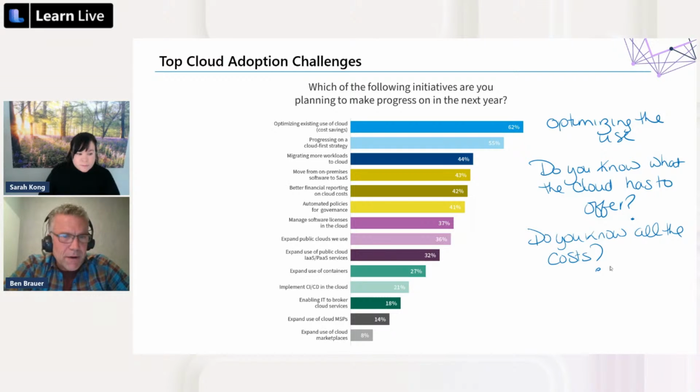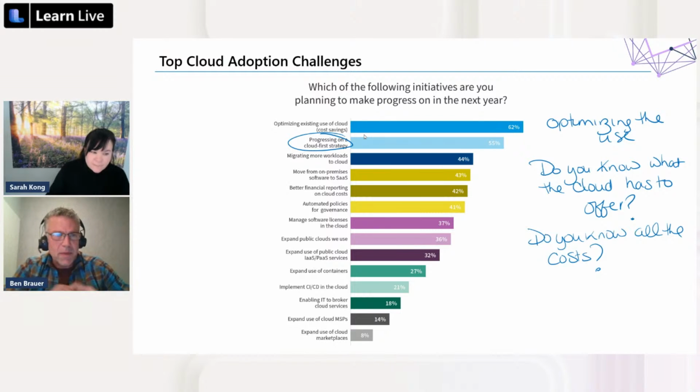Some other areas of adoption challenges: progressing with a cloud first strategy. A lot of customers still want to work with their on premise strategy. So there's going to be a hybrid model, which for most customers is a perfectly fine scenario.